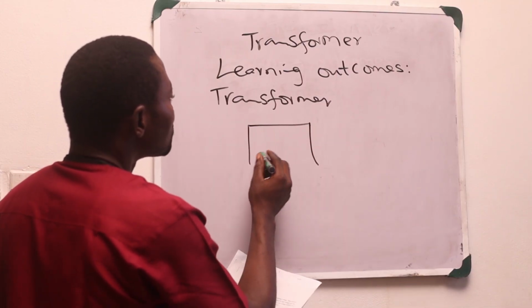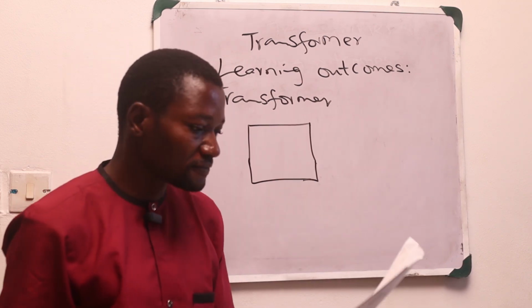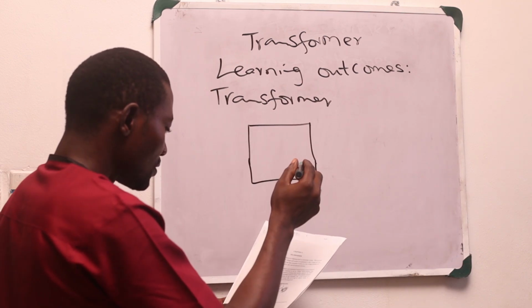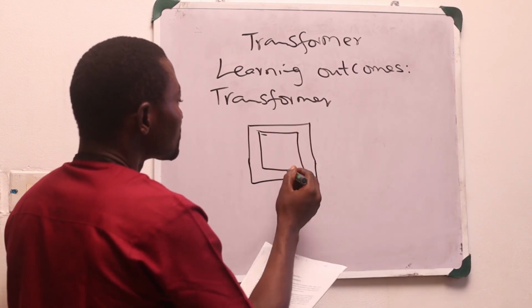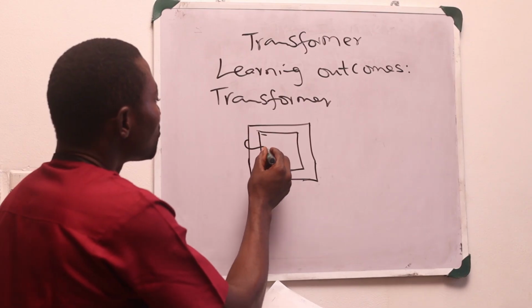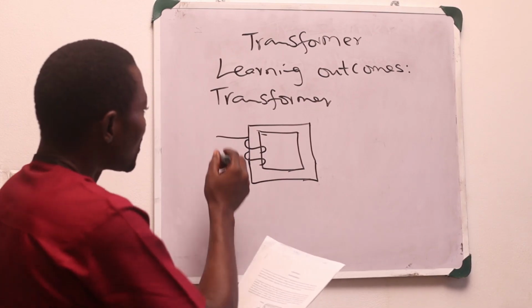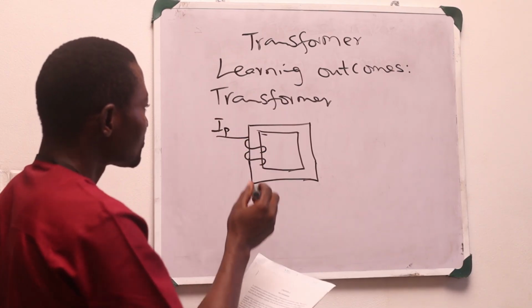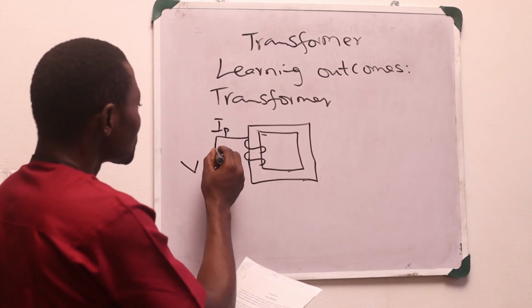A transformer is composed of a laminated iron core with coils, and current entering the first part, the alternating voltage here.